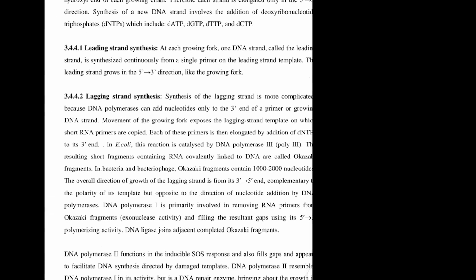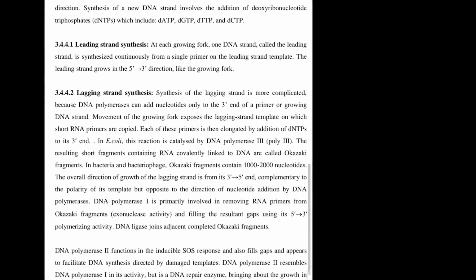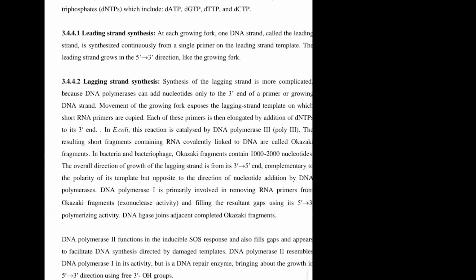Okay. So synthesis of a new DNA strand involves the addition of deoxyribonucleotide triphosphates, which include deoxyadenosine triphosphate, then we have deoxyguanosine triphosphate, then we also have deoxythymidine triphosphate and deoxycytidine triphosphate.